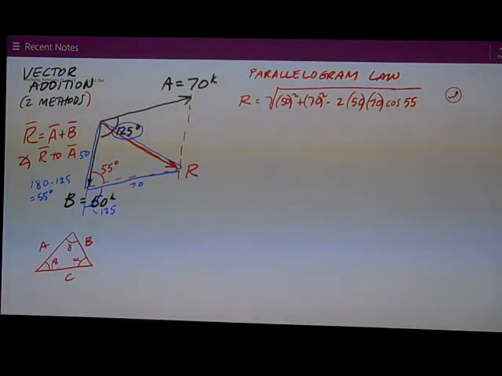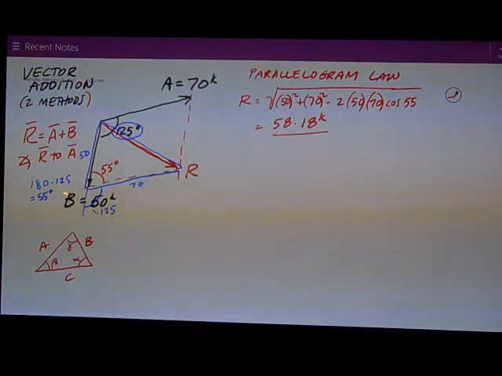So I do the math and I come up with the resultant of this one equal to 58.18 kips. Just looking at my drawing, that looks about right. Note that it's smaller than the biggest vector.